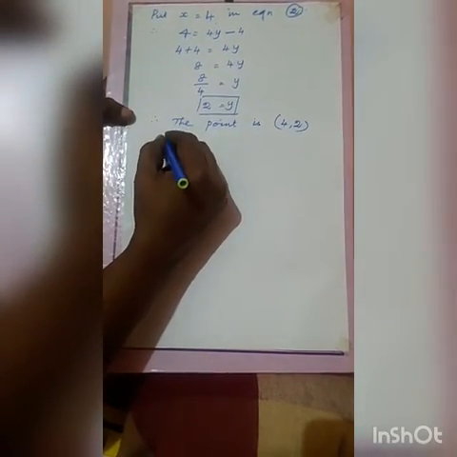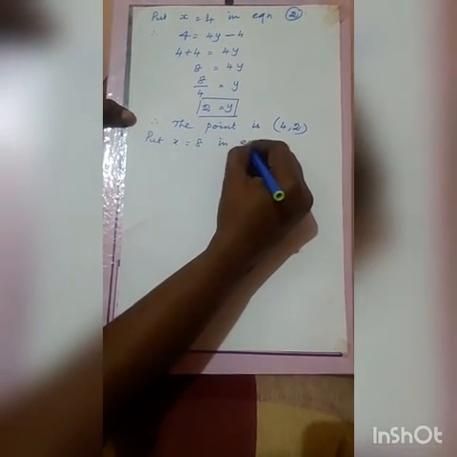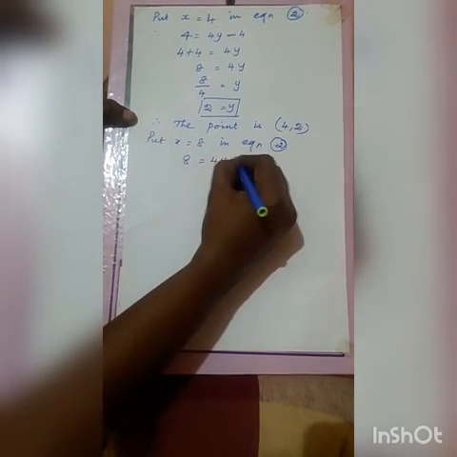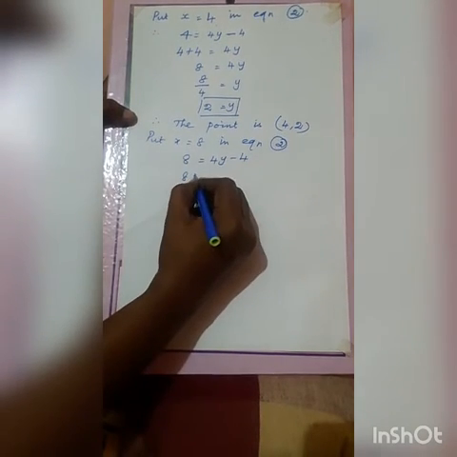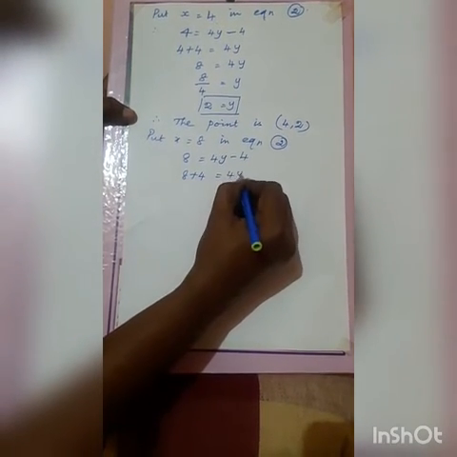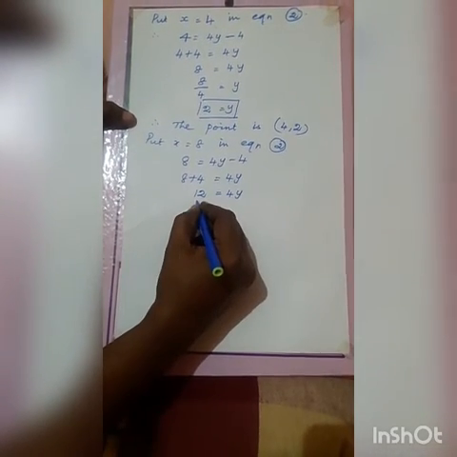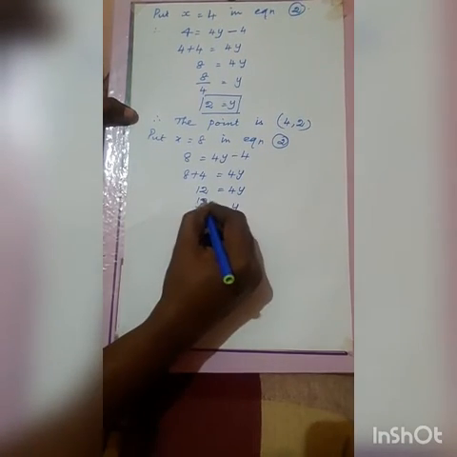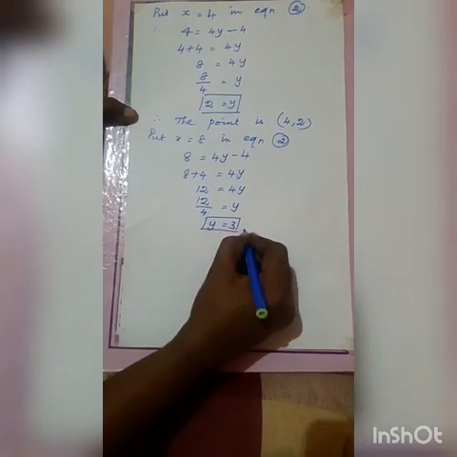Again I have to put another value for x. Here I have to put x equal to 8 in equation 2. Therefore 8 is equal to 4y minus 4. 8 plus 4 is equal to 4y. 8 plus 4 means 12 is equal to 4y. While transposing, 4 becomes a division. 12 by 4 means we get 3. Therefore y is equal to 3.